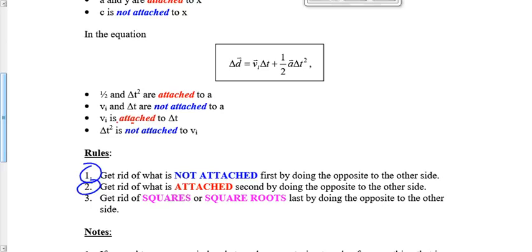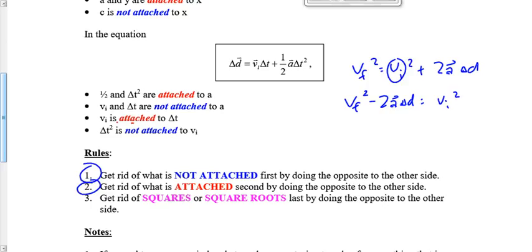Let's go back to this equation for a second. Actually, let's not use that one. Let's use this one: VF squared is equal to VI squared plus 2AD. Let's say we're solving for VI. Get rid of what's not attached first. What's not attached? 2AD. How do you get rid of it? It's added to VI squared, so let's get rid of it by subtracting. VF squared minus 2AD equals VI squared.